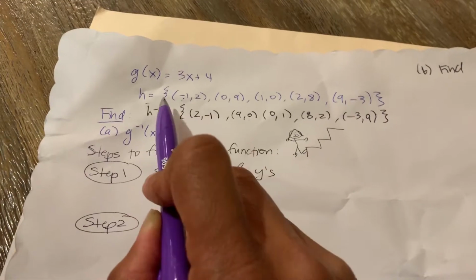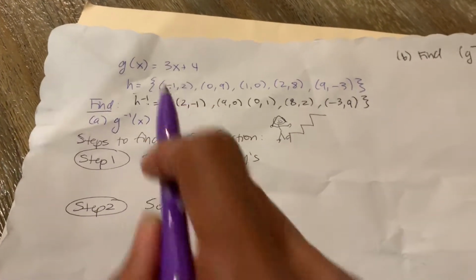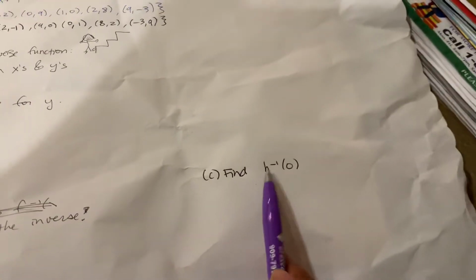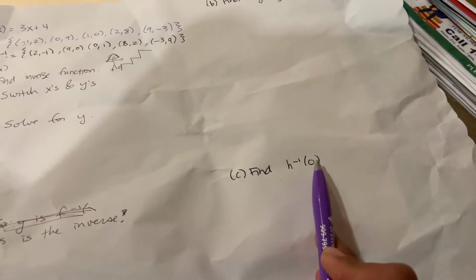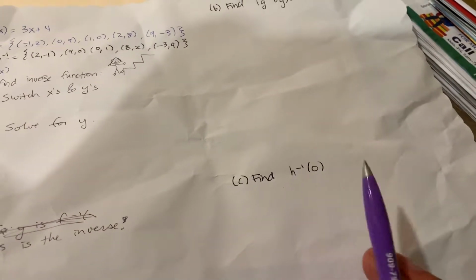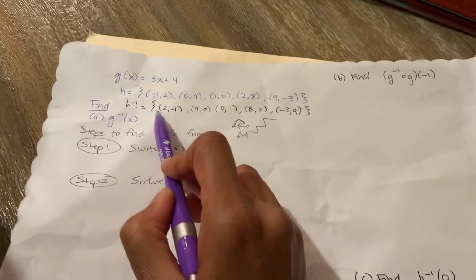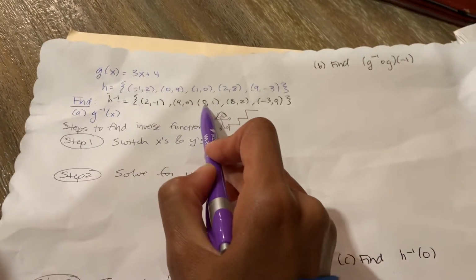So h inverse occurs when you switch the x's and y's. So in the problem where it says find h inverse of 0, if the input is 0 for h inverse, then what is the output? The input here is 0, so the output would be 1. So the answer to this is 1.